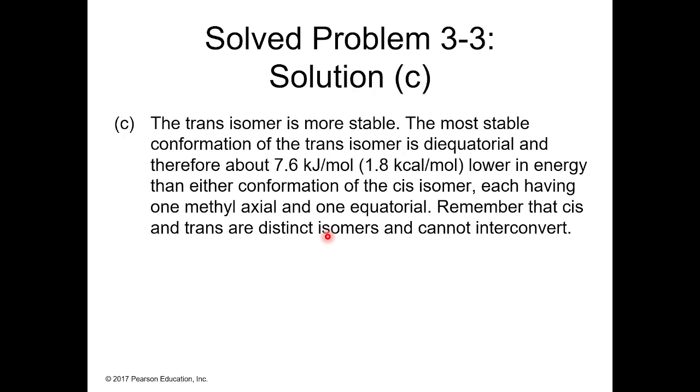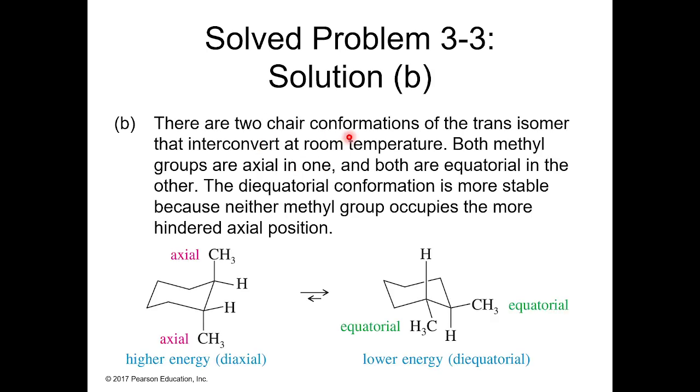Okay, fantastic. So what we end up saying is that the last part, our trans isomer, is going to have the most stable one, isn't it? And that's right there, equatorial.